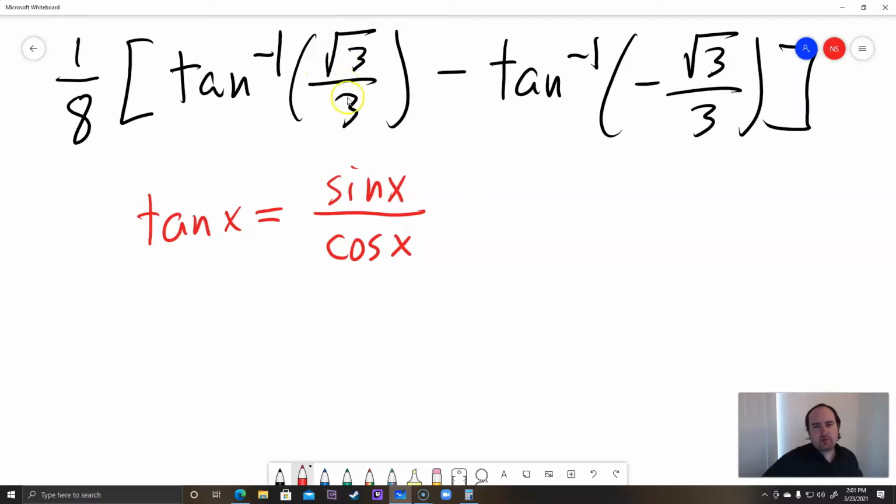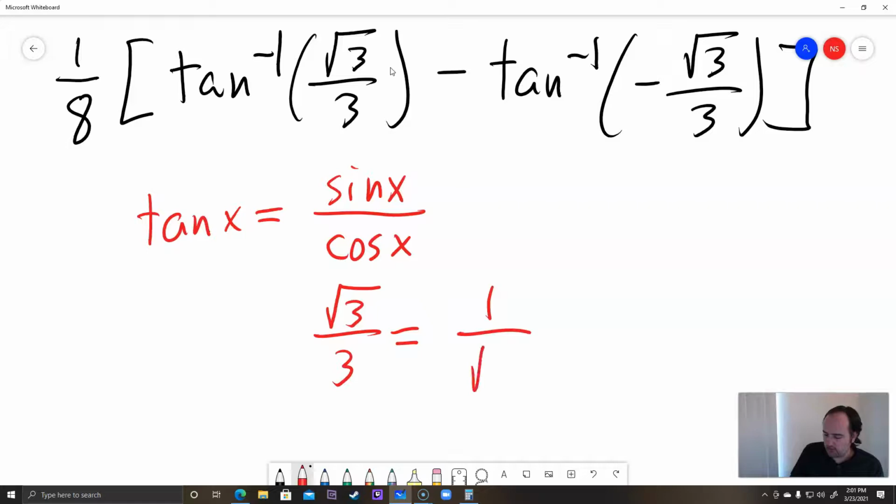So if we look at root 3 over 3, that can be thought of as the same as 1 over root 3, which is the same as 1/2 over root 3 over 2.